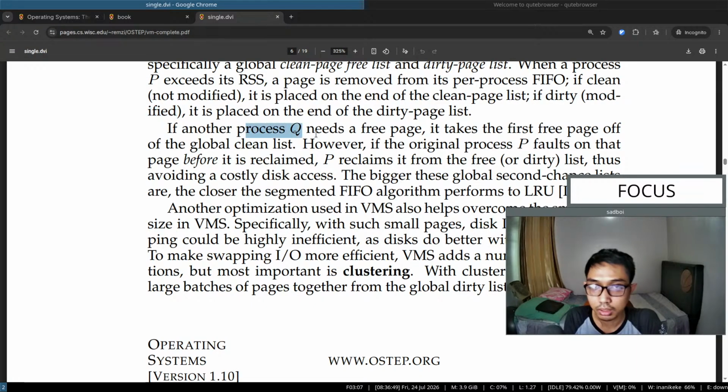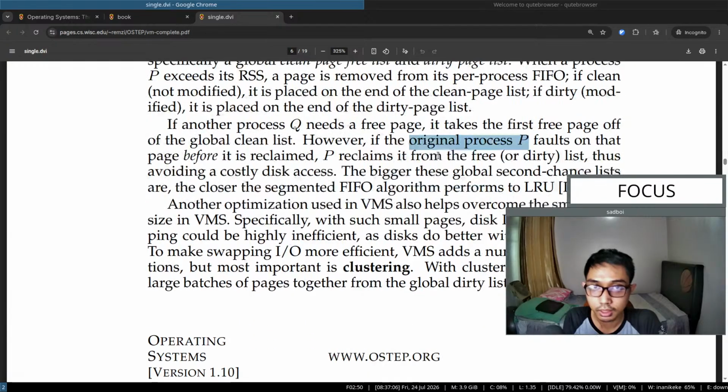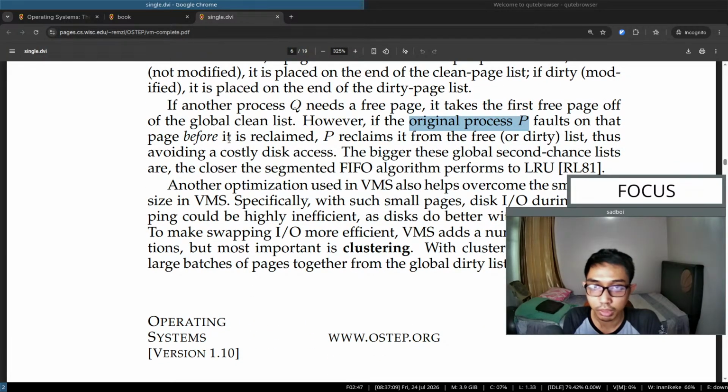If another process needs a free page, it can take the first free page of the global clean list. And if the original process needs the previous page, they can reclaim it from the clean or dirty list, and thus avoid this access.